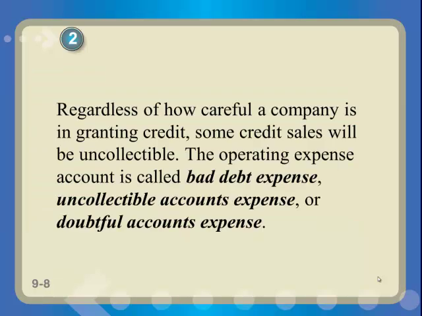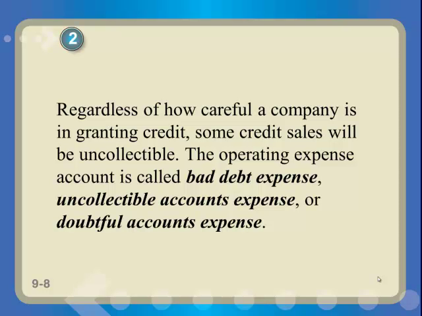Like we said, people don't always pay you what they owe you. Regardless of how much credit you check and what word you get from the customer, they're going to promise to pay you, but some people aren't going to pay you. So we have a bad debt expense account. It's an expense account, so what normal balance would that have?